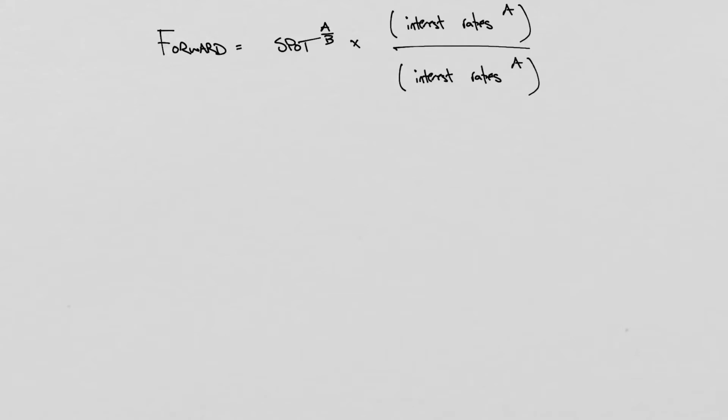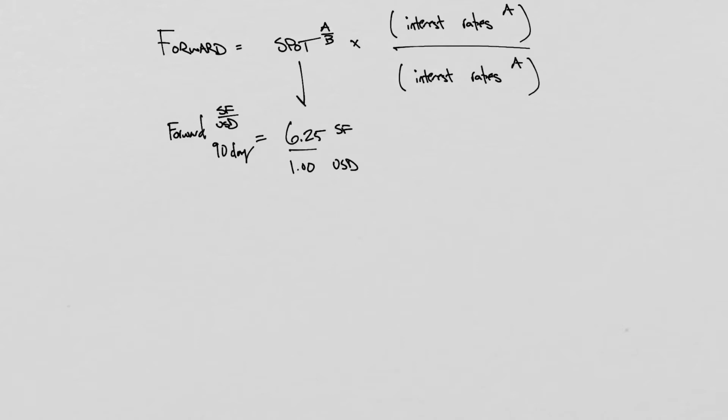To give a tangible example, suppose we had a forward contract on the Swiss franc versus US dollar for a 90-day forward. The first thing we would have to do is go and look at what the spot rate is today, what the exchange rate is between the Swiss franc per USD.